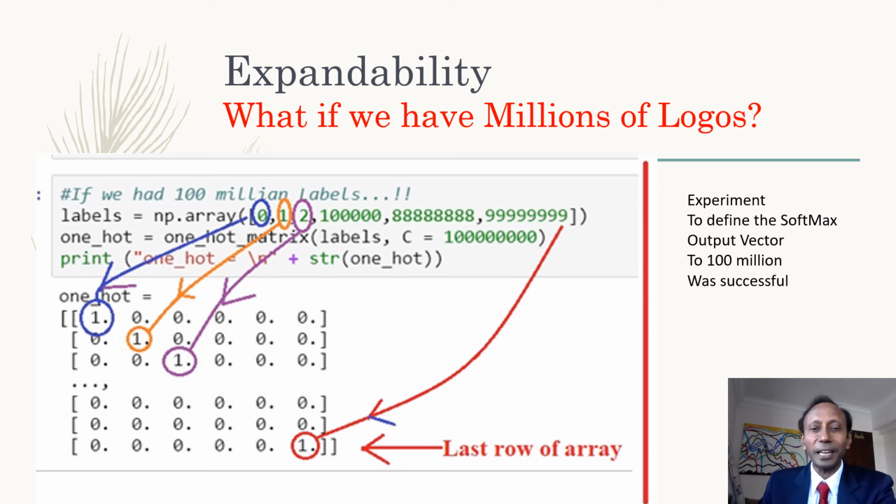And it took less than a second to pass through the softmax stage. So I hereby prove that the model that we have designed is capable of expanding to a large number of logos, a few millions for sure.